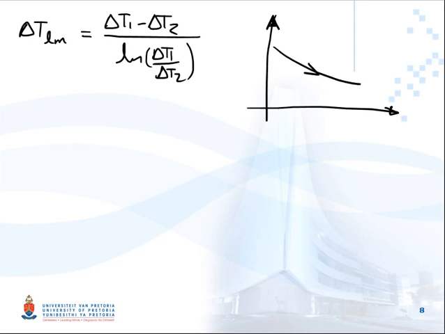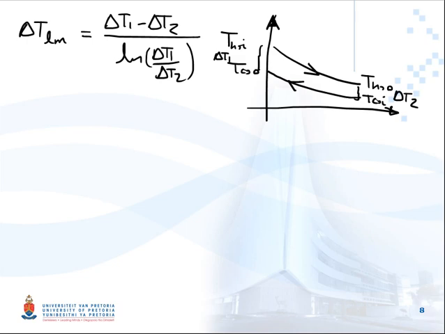Just put inlet temperature of hot, outlet temperature of hot, and simply inlet of cold, outlet of cold. Here is delta T1 and this one is delta T2.